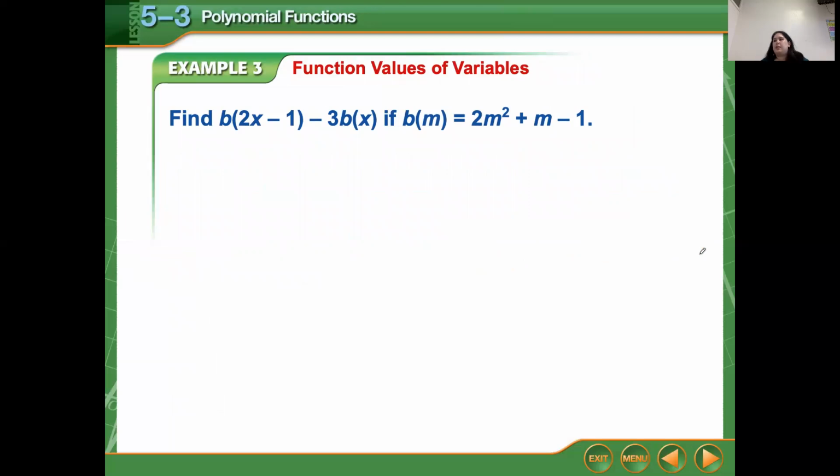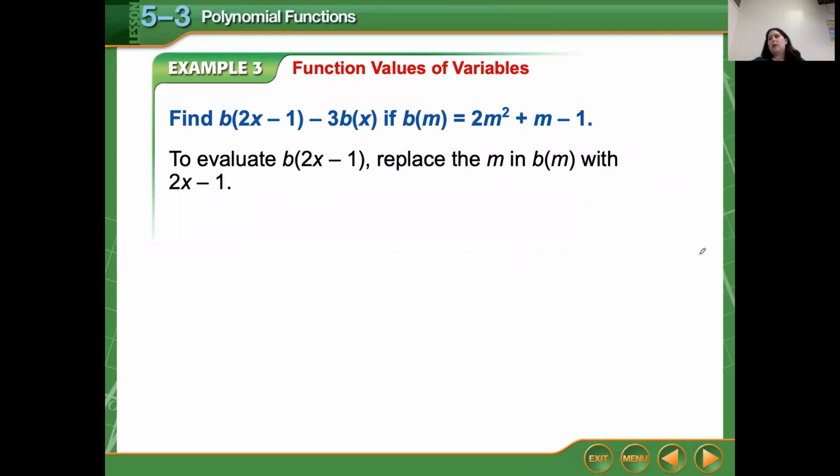So we can also do function values of variables, meaning instead of just plugging in a number, I could plug in an expression. So in this case, we have b of 2x minus 1 and 3 minus 3 of b of x if b of m equals 2m squared plus m minus 1. So all that means, instead of writing an m, I'm going to write 2x minus 1 everywhere I see m.